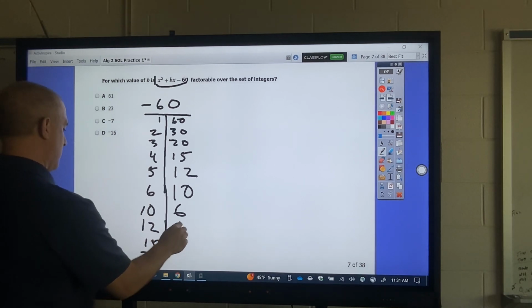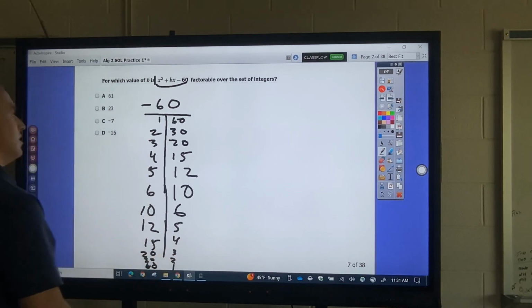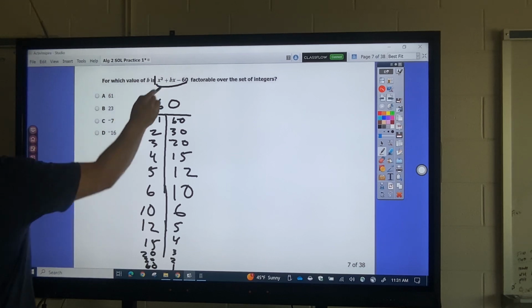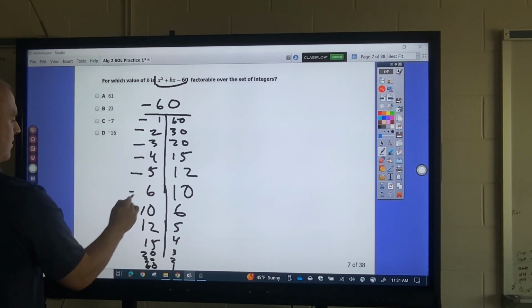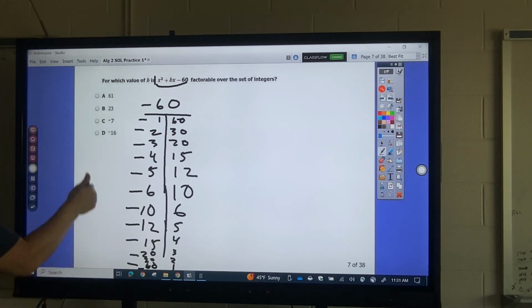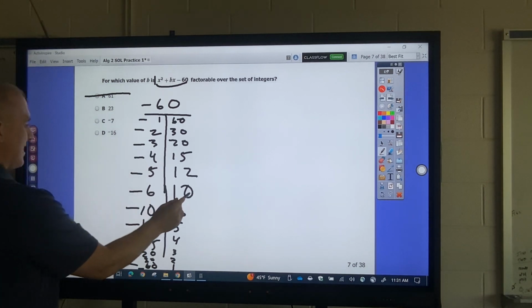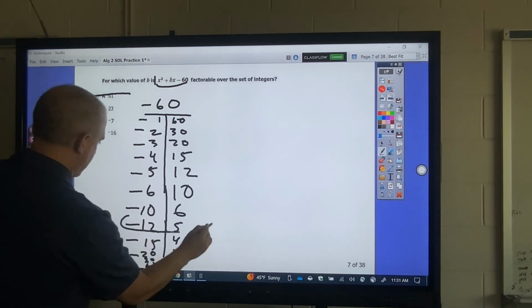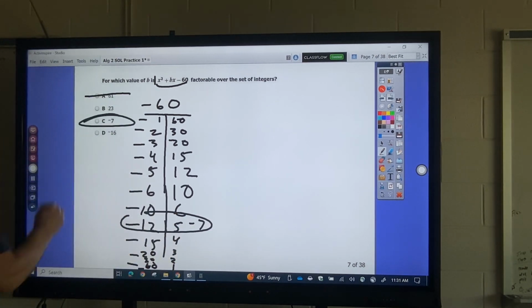Okay, so the question is, which set would make that factorable, okay? Well, since one side is negative, okay, do any of those add up to 61? They do not. Do any of those add up to 23? They do not. Do any of those add up to -7? Okay, they do. This set. And so that's why that one's your answer.